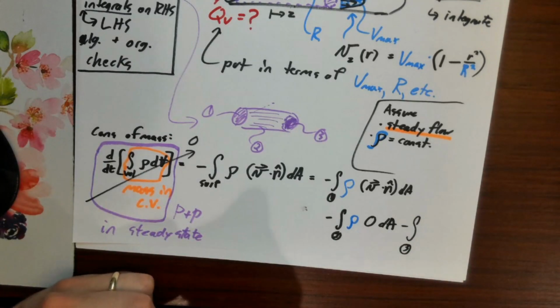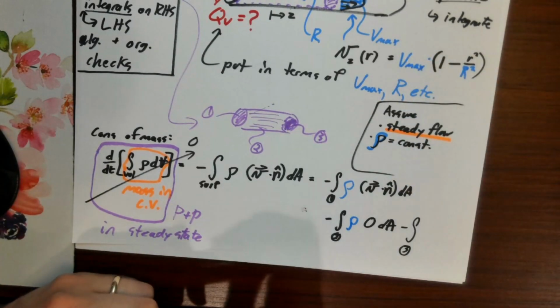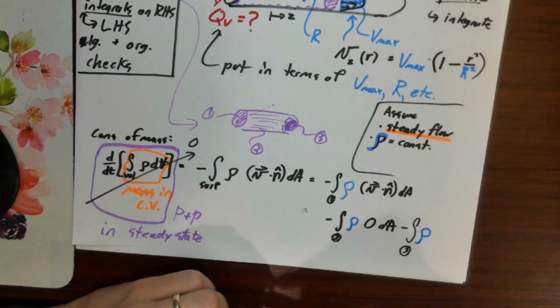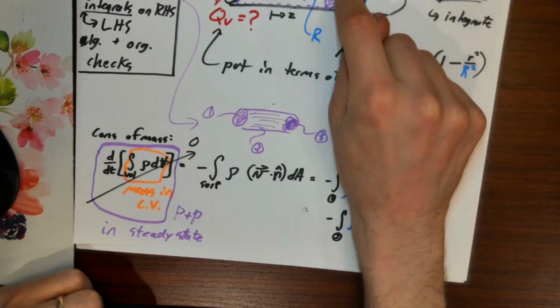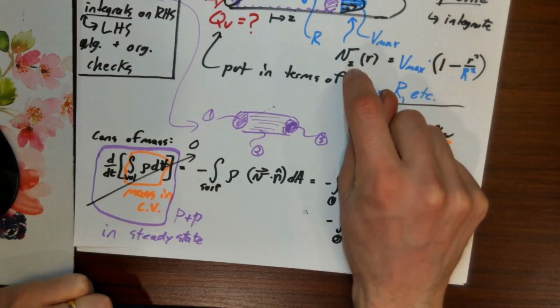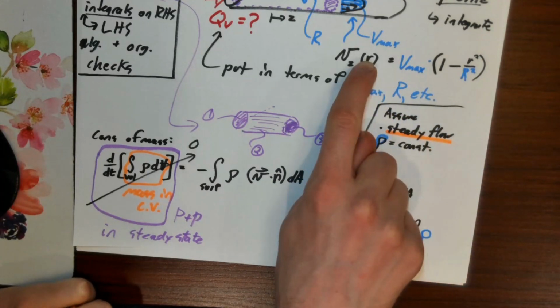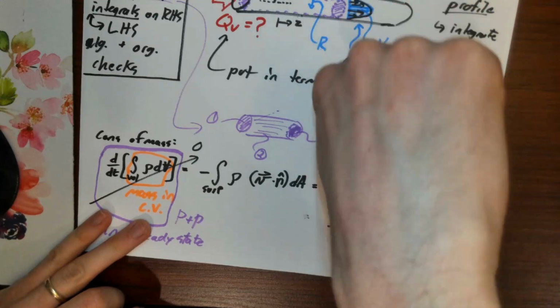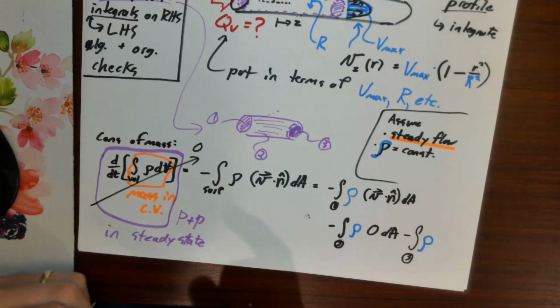And on surface 3, we're going to have rho right here. And then the velocity on surface 3 is this function of r, right? So it's this z velocity that's a function of r. And if vz is going this way and our normal vector is going this way, they're both pointing in the same direction, so their dot product basically just yields this vz term that I have here.